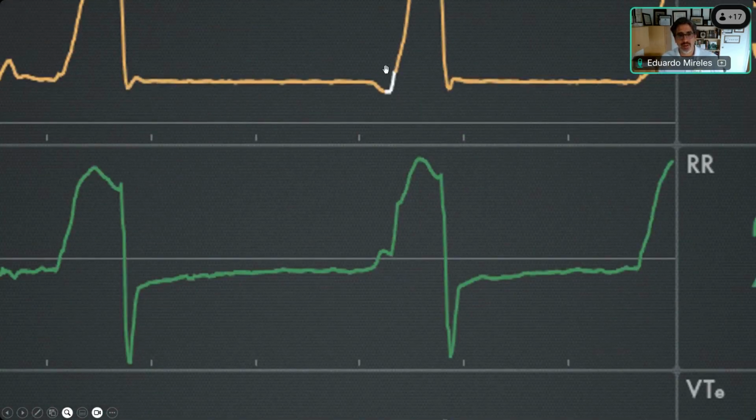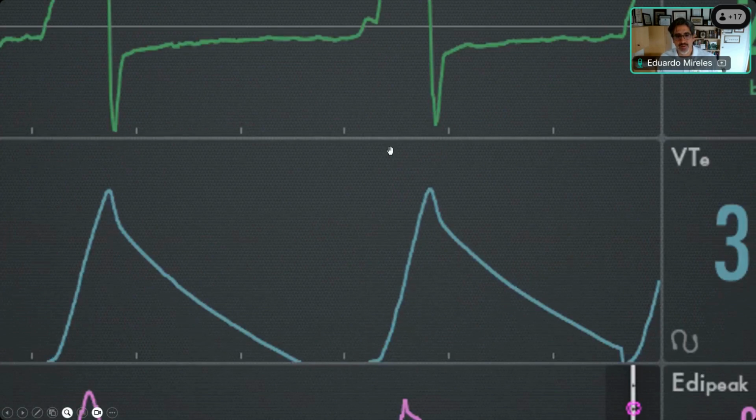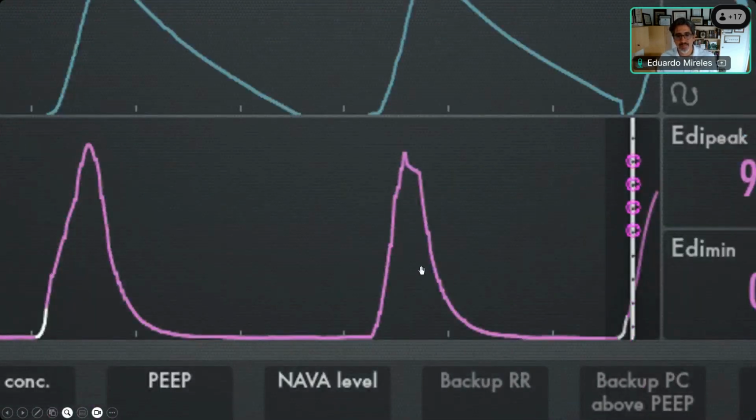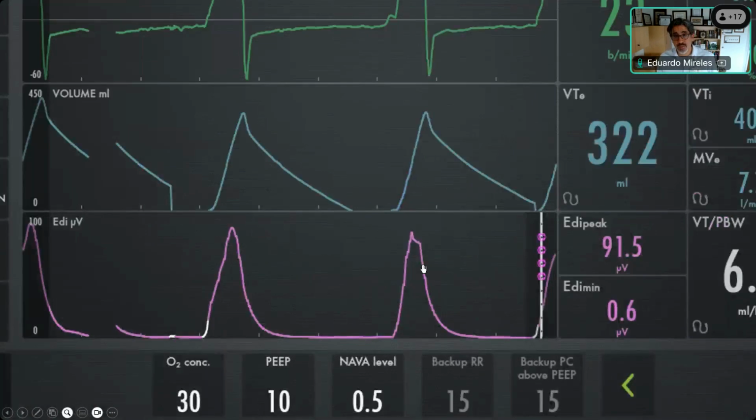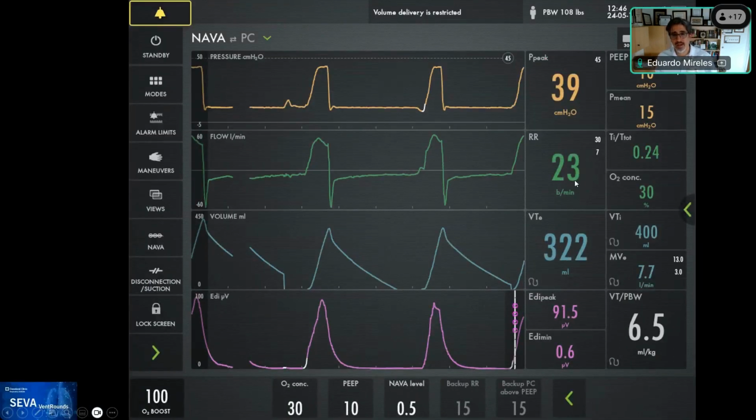So the ventilator detected the pressure drop first, and so it used that instead of using the EDI for that breath in particular. So now the patient at this point is breathing 23 breaths per minute, and 6.5. We'll see what the ABG shows for her after we do this, but the goal is comfort and trying to wake her up and get off the device.